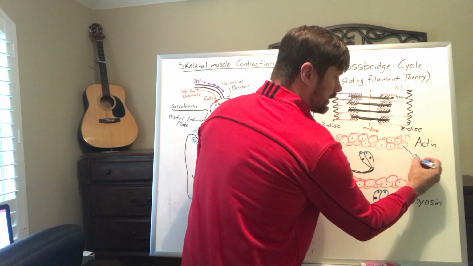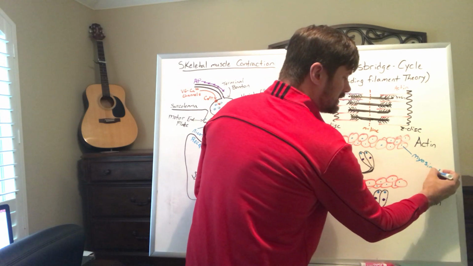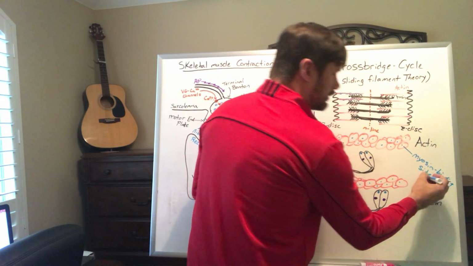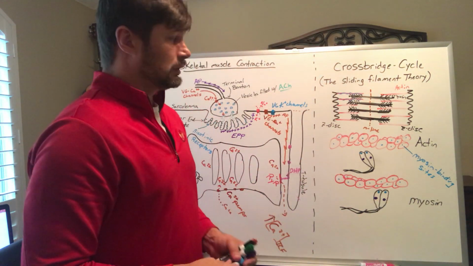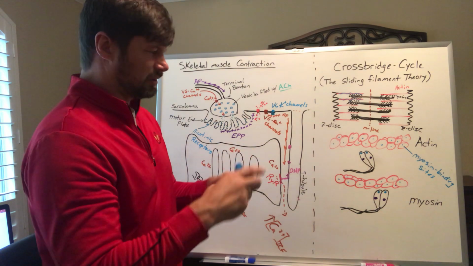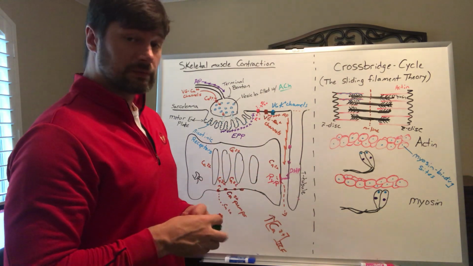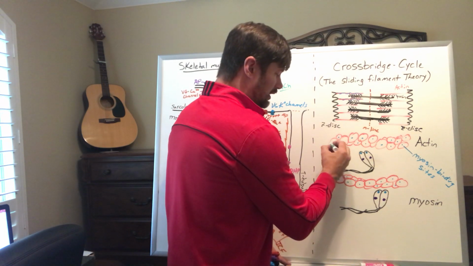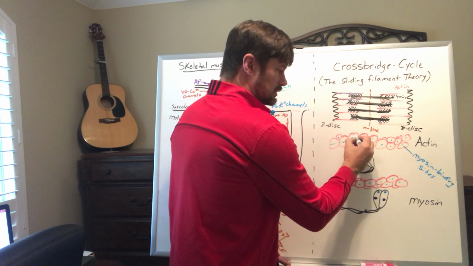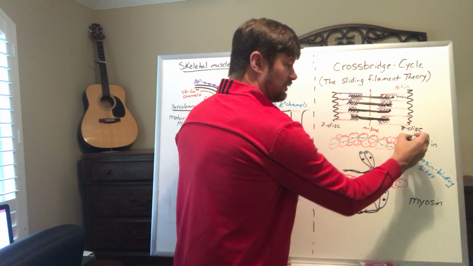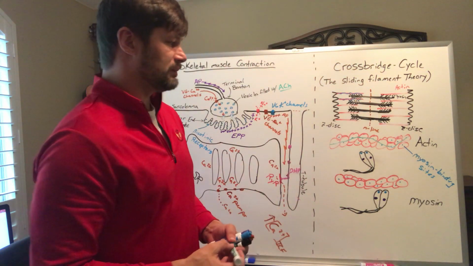So these are myosin binding sites. And the protein that I'm talking about, I like to call it Twizzler because it wraps around and looks a little bit like a Twizzler. But this is called tropomyosin. And tropomyosin, to the best of my ability, is going to cover those myosin binding sites.